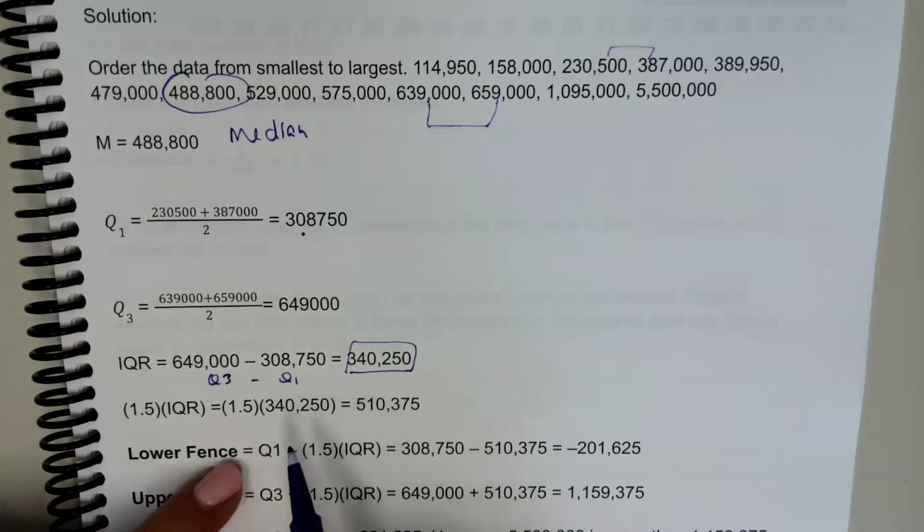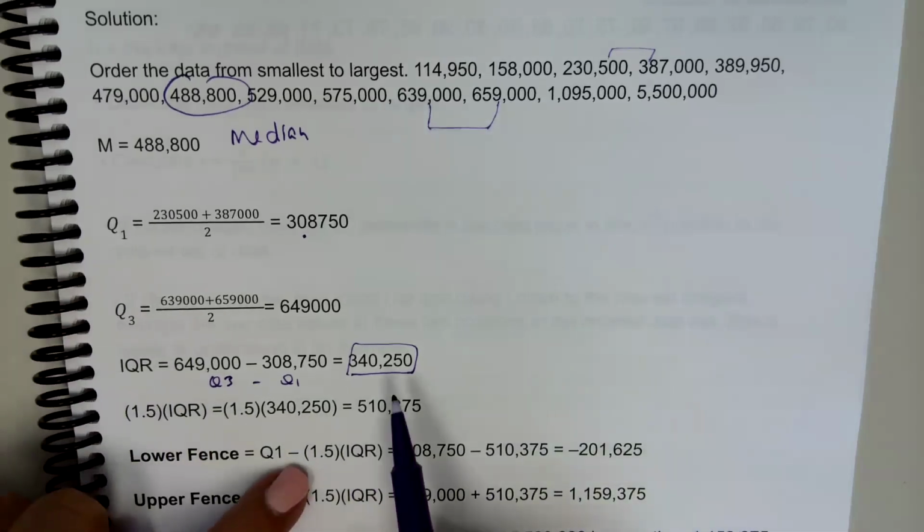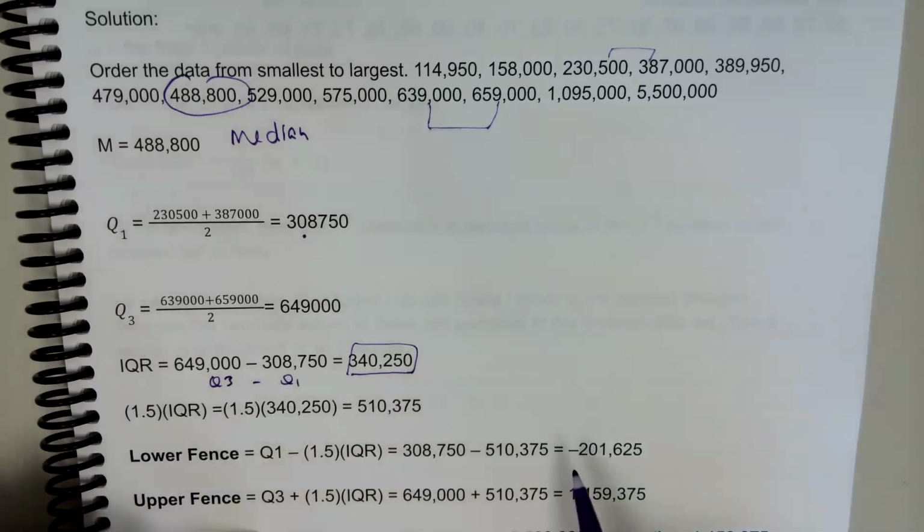So the lower fence is taking Q1 and subtracting 1.5 times my IQR, and I get negative 201,625. And then my upper fence is my Q3, and I'm going to add 1.5 times my IQR, and I get 1,159,375.